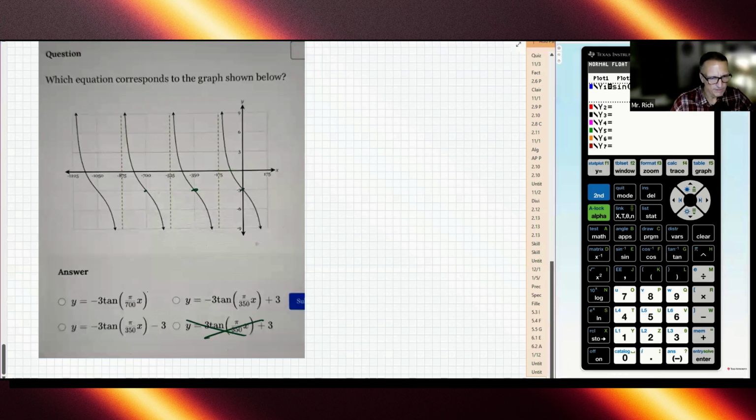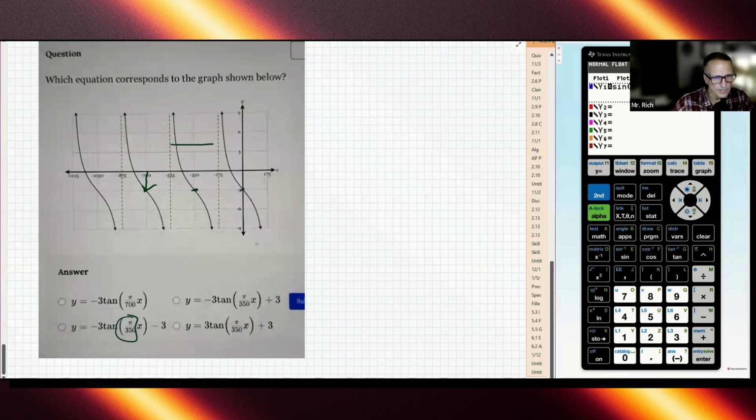But I do believe I'm going to go with this answer, just for the fact that it looks like these have all been moved down by 3. It's got a vertical shift of 3. Now, to confirm the B value, look at the period, which is the distance between the asymptotes.